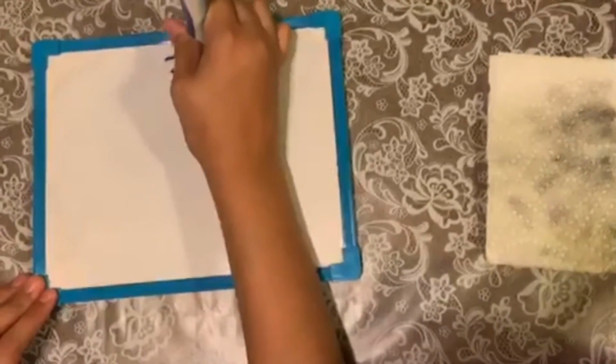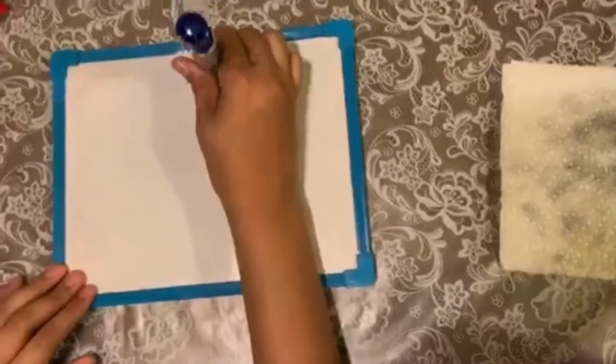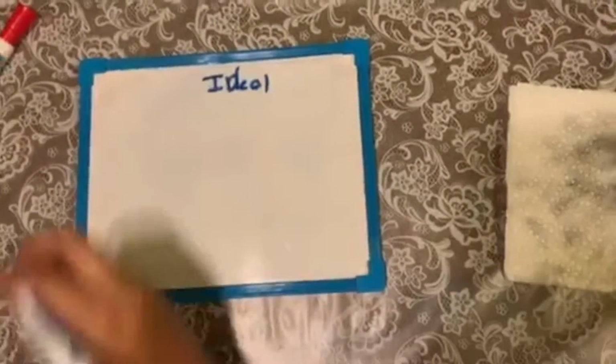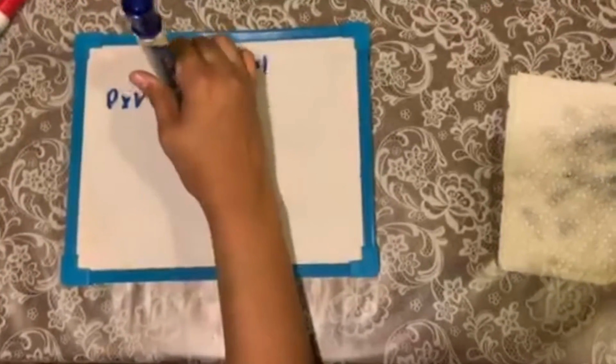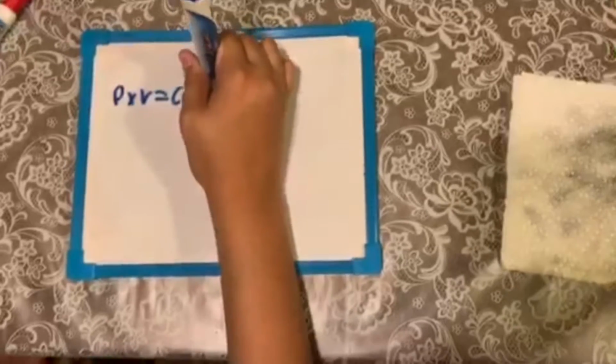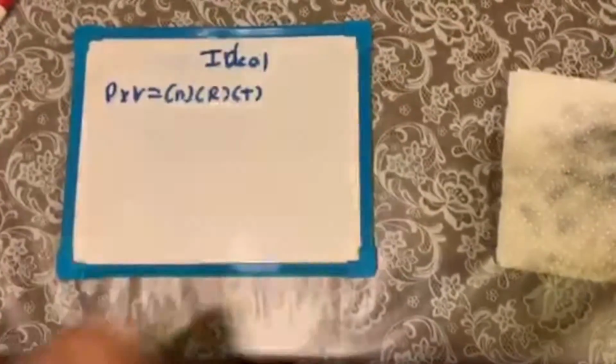So we already talked about the combined gas law, so let's talk about the ideal gas law now. The ideal gas law is pressure times volume is equal to moles times the R value times temperature.